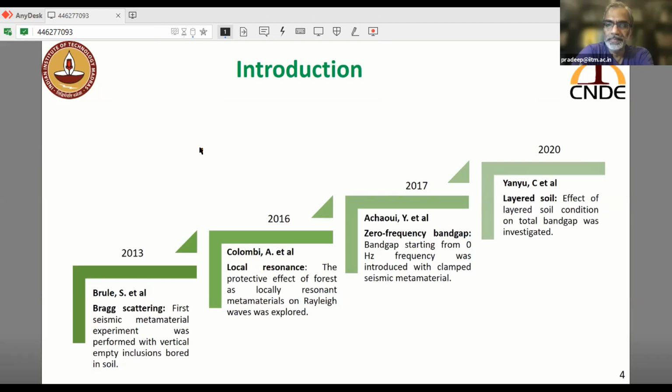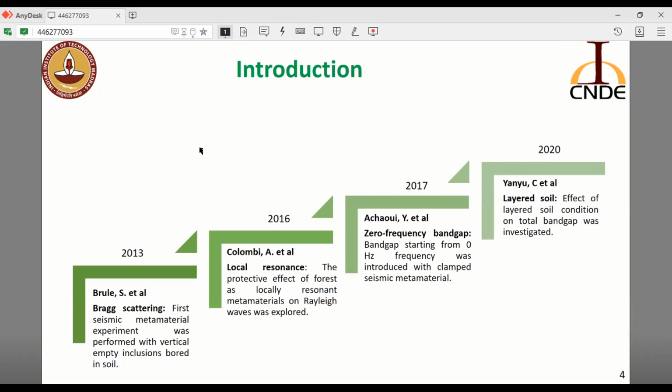Yes. But where does the band gap come in? When the wave interacts with our seismic metamaterial, there will be destructive interference, and the wave will attenuate, or it will reflect back.